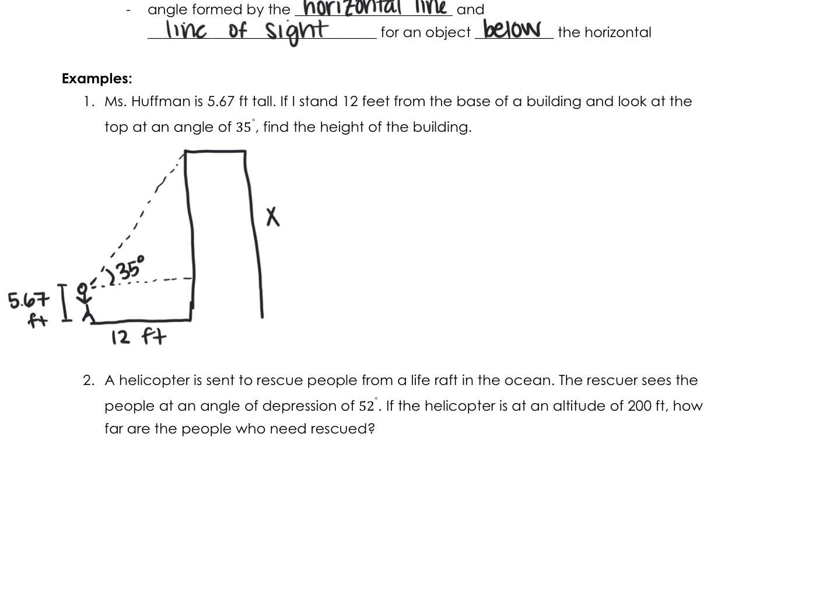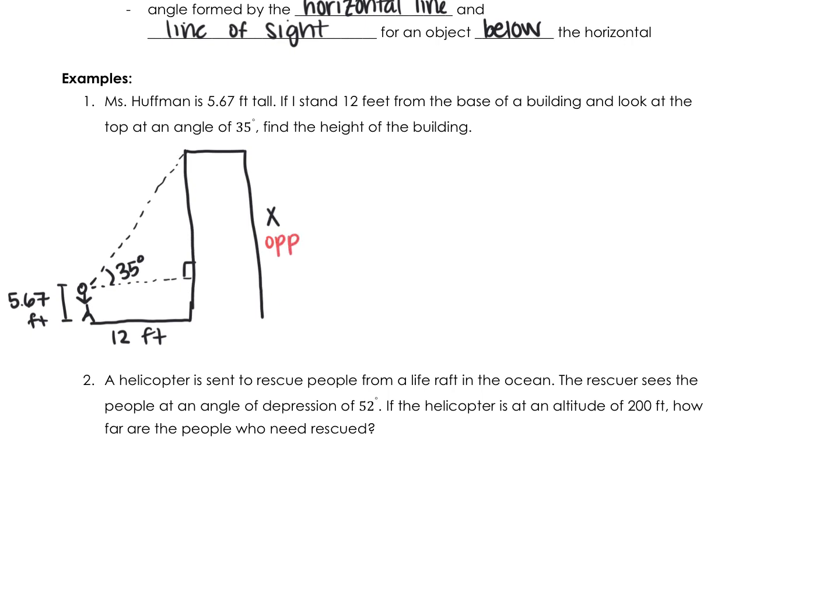So a couple of things here. When I look straight at the building, I form a right angle, and I have a lovely right triangle here. Now, X isn't just my height of my building. It is actually the height of the building from my line of sight to the top. So I'm going to solve for that value of X first. So the height of my building, that is my opposite side.